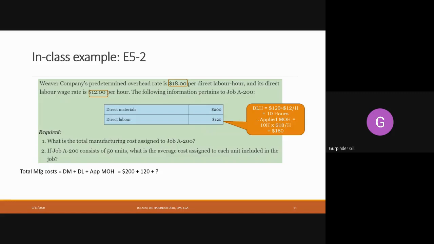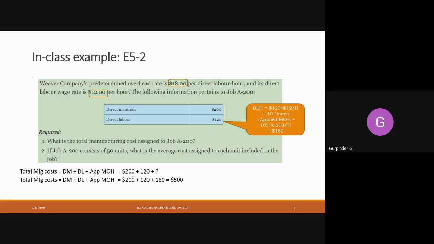If 10 hours were spent, and we already know that our predetermined manufacturing overhead rate is $18 that was pre-established, then our applied manufacturing overhead is 10 hours times $18. So $180 of applied manufacturing overhead added with the direct material and direct labor gives us a total manufacturing cost of $500.